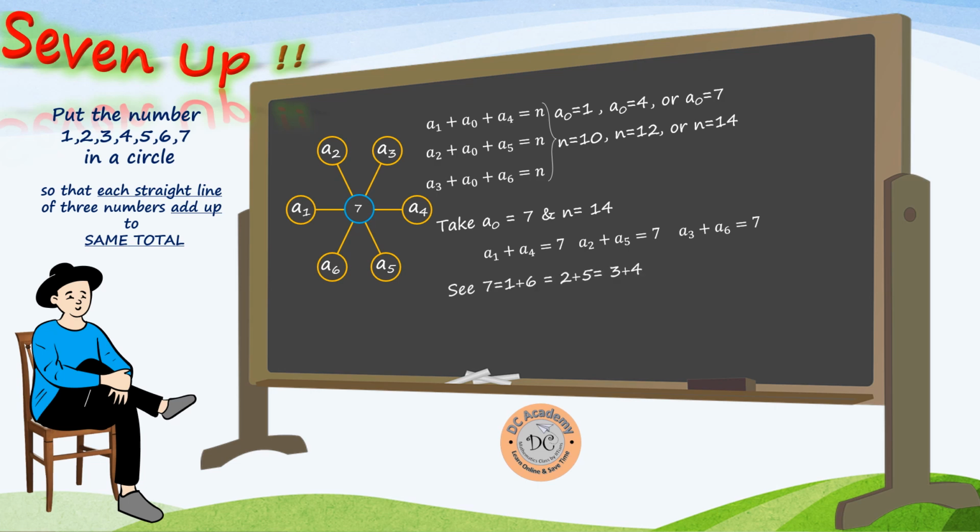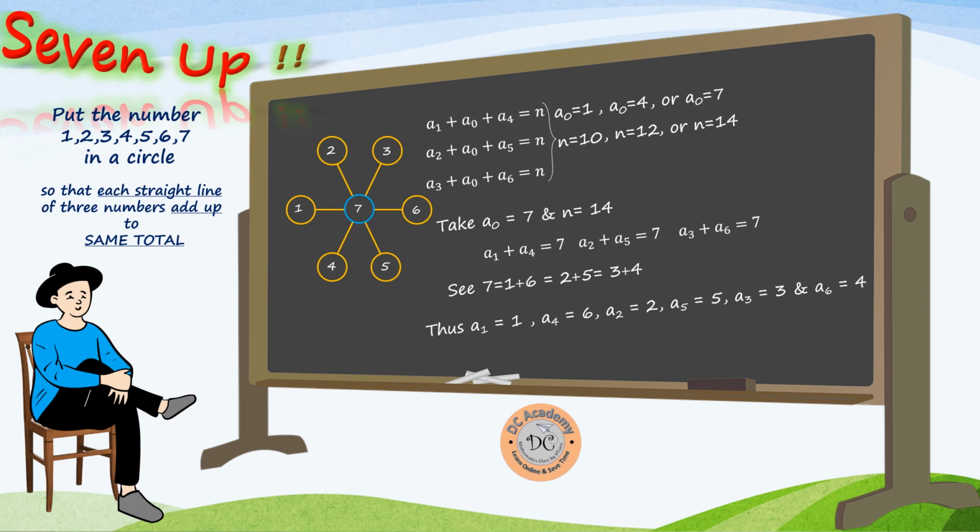We can see that 1 plus 6, 2 plus 5, 3 plus 4, and hence we can consider that a1 is 1, a4 is 6, a2 is 2, a5 is 5, a3 is 3 and a6 is 4, and that's it. Again we can write down the appropriate placeholders and get the third option.